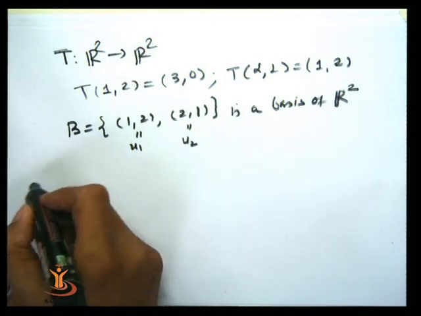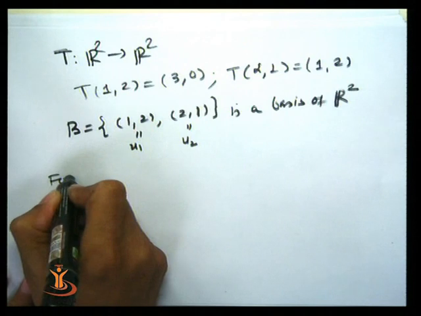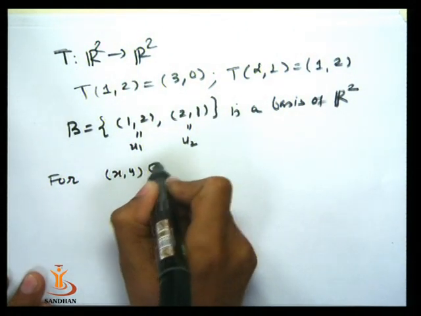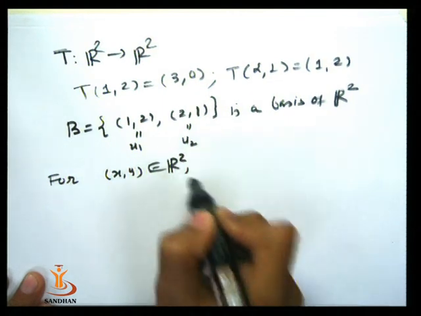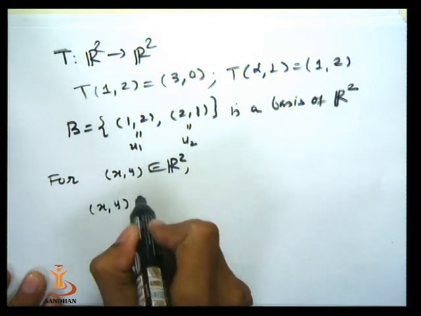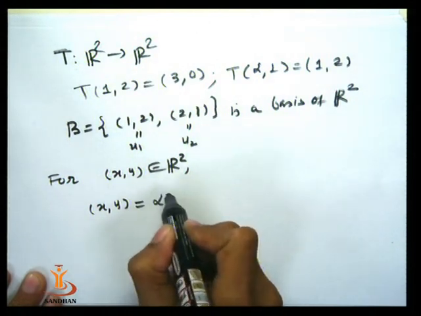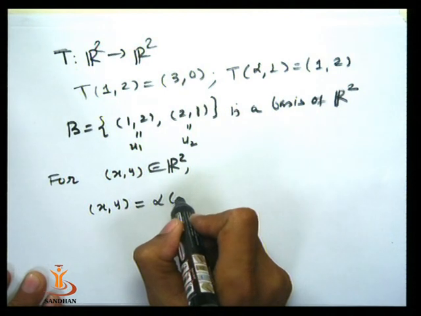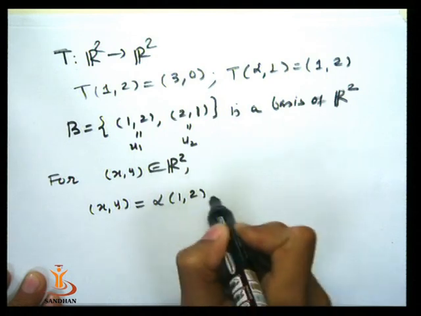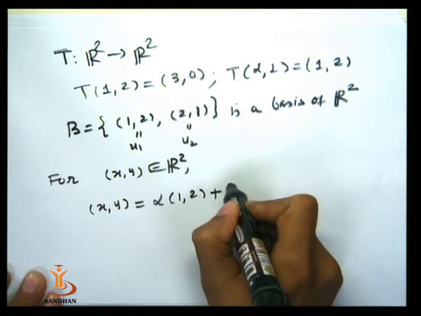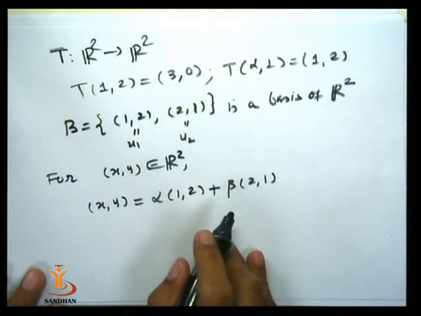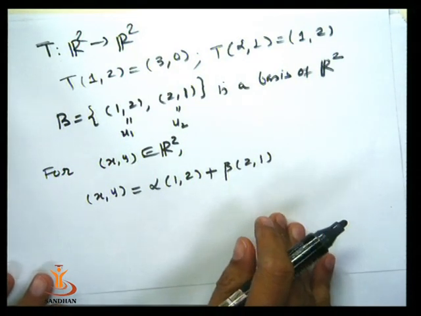So for any vector (x,y) belonging to R2, we can express this vector (x,y) as a linear combination of vectors u1, u2. That is, assume that (x,y) = alpha times (1,2), that is alpha u1, plus beta times (2,1), that is u2. So here we are interested to find alpha and beta.